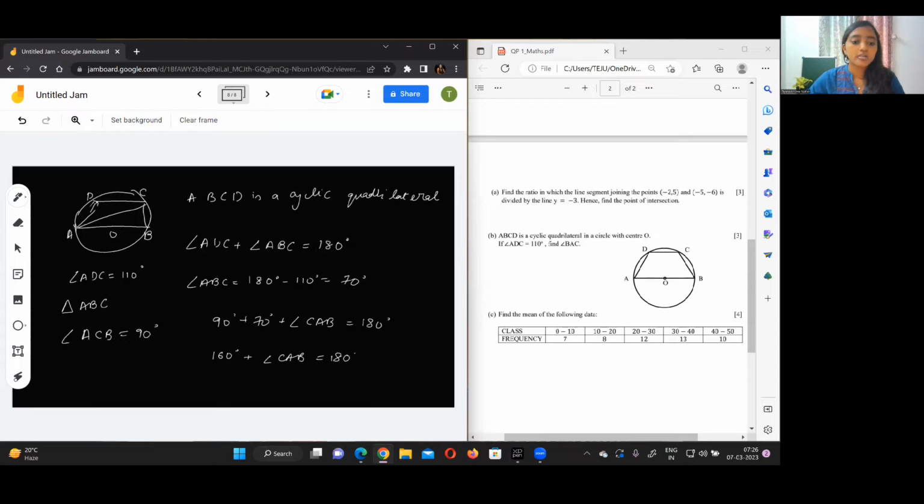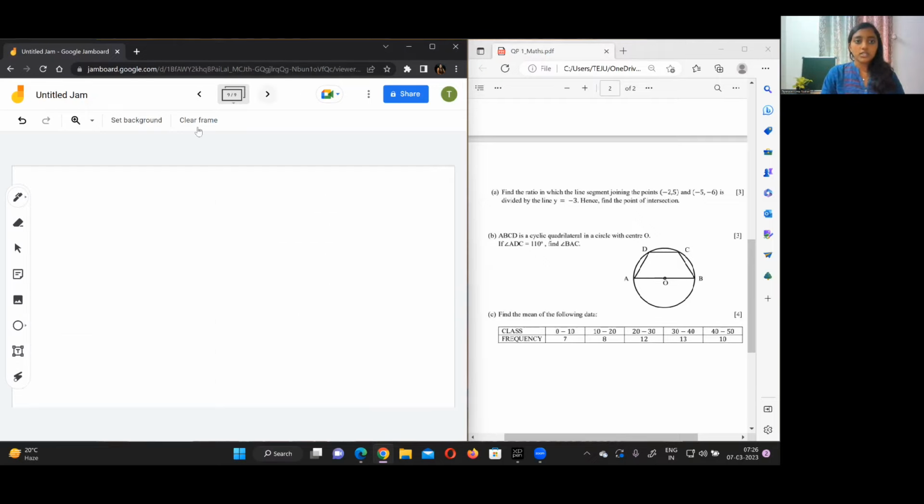So angle CAB is equal to 20 degrees, which is basically angle BAC is equal to 20 degrees. You can name an angle either way. We have found the answer. That was a 3-mark question for you. Let's go on to the next question, please.